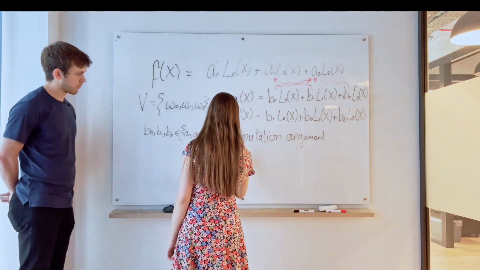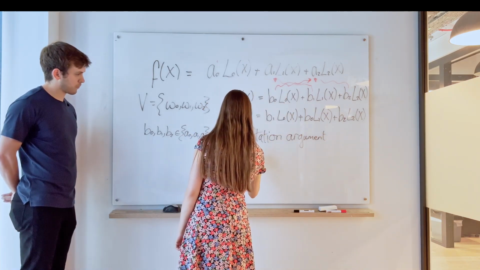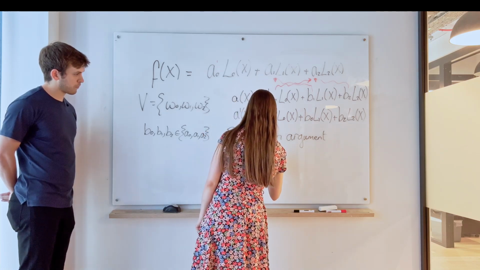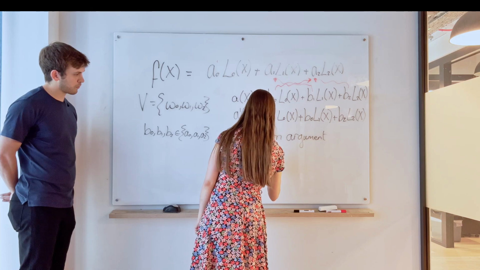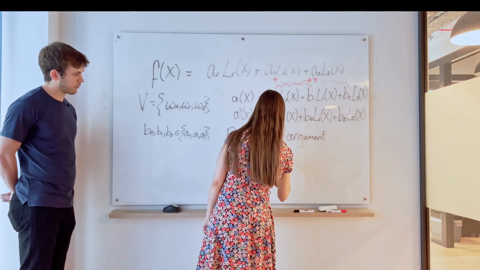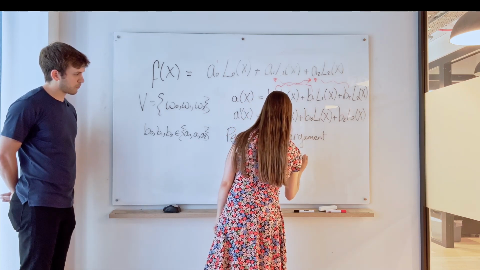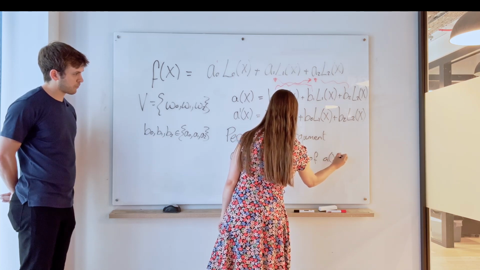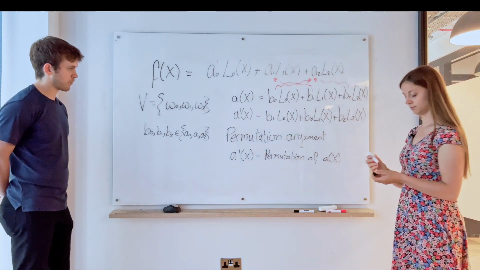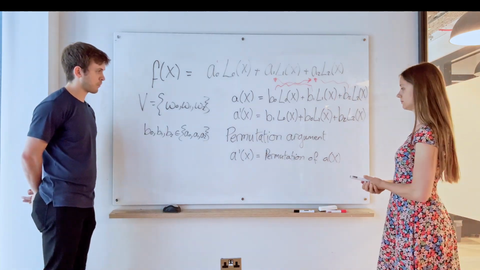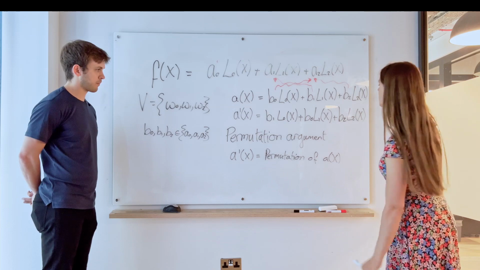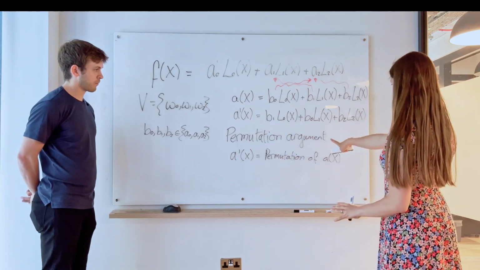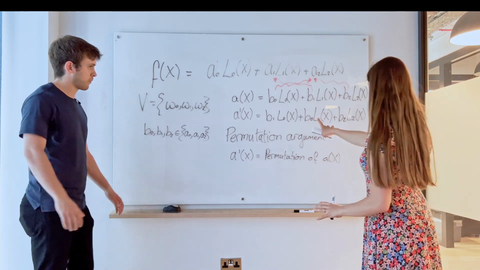Just to say A prime of x is equal to some permutation of A of x. We'll keep the A prime of x.